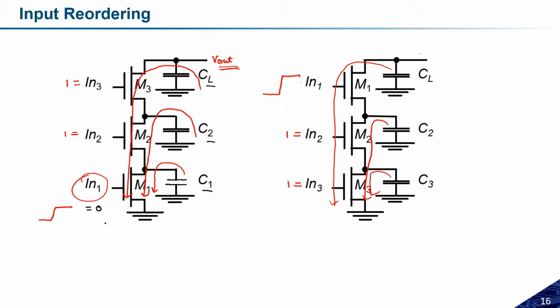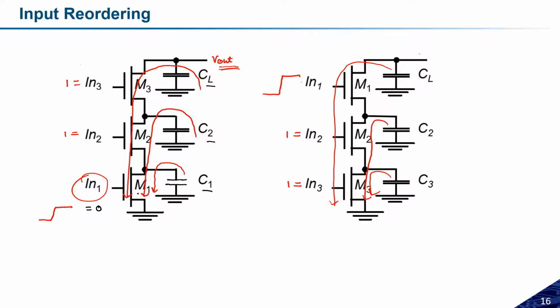Sir, we are assuming here that before input 1 goes from 0 to 1, the C2 and C3 have discharged. Yes, why will they discharge? See, in case 1, even though M3 and M2 are in on state, there is no path because M1 is off.